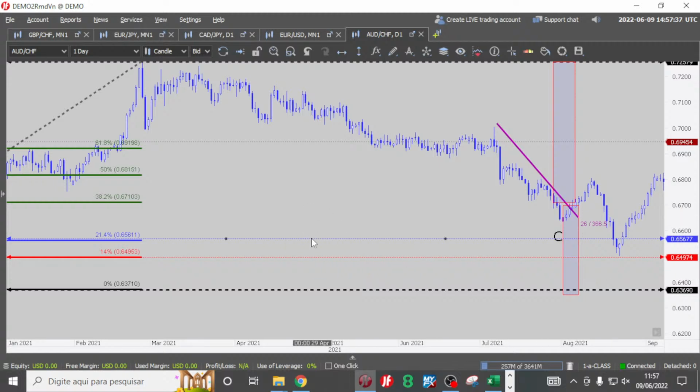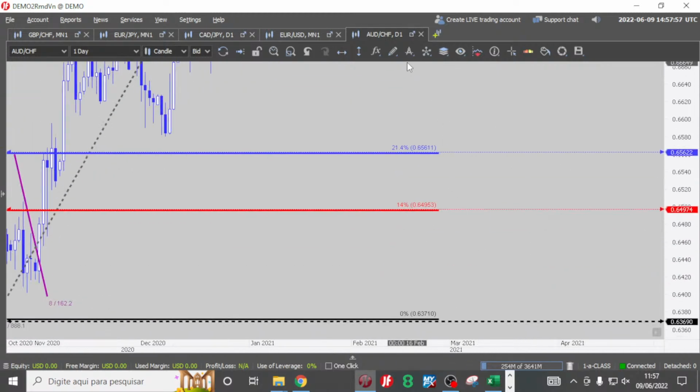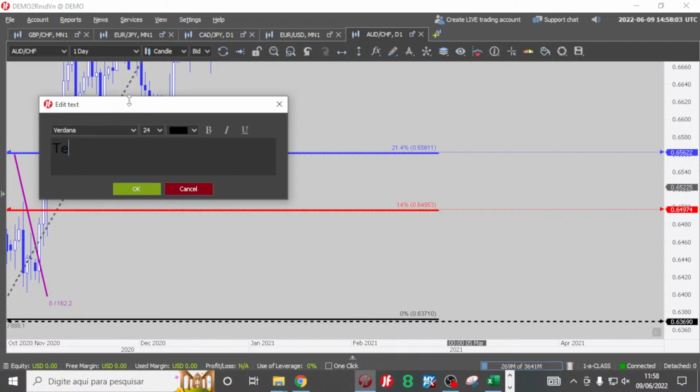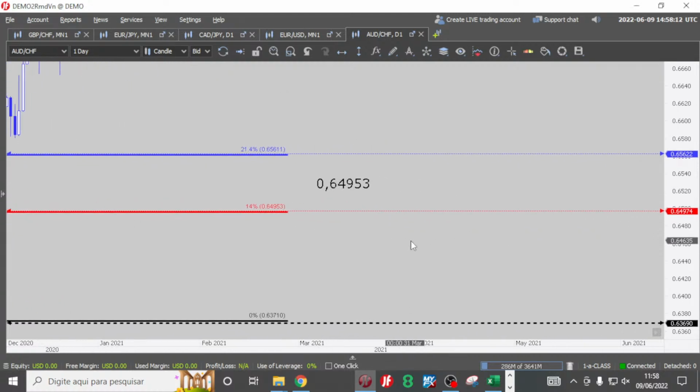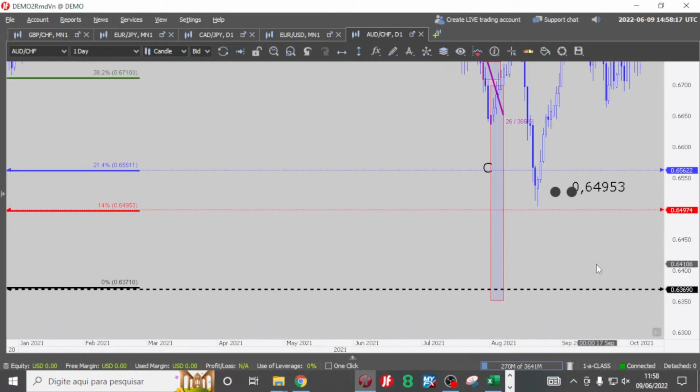When it comes to the Fibonacci, everybody, if you are not sure, and this is what is going to make you or break you, use the widget tool. I'm not sure if the market touched the red one. Well, the red number is 0.64953, and then you go on the candle, if you want.